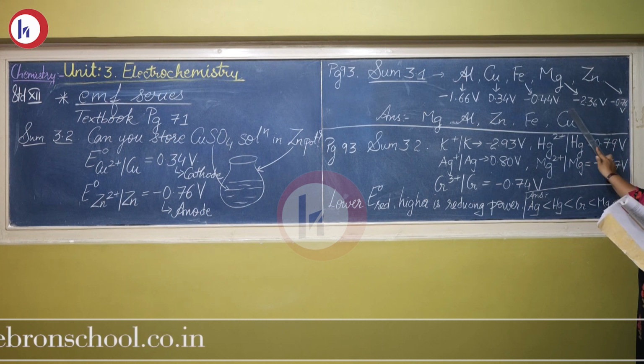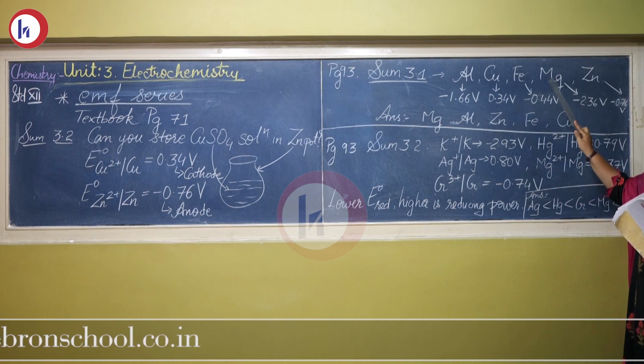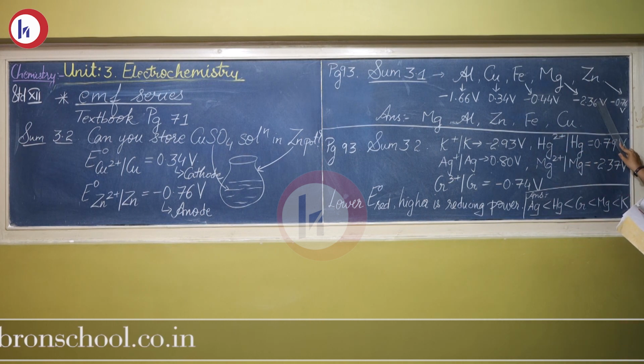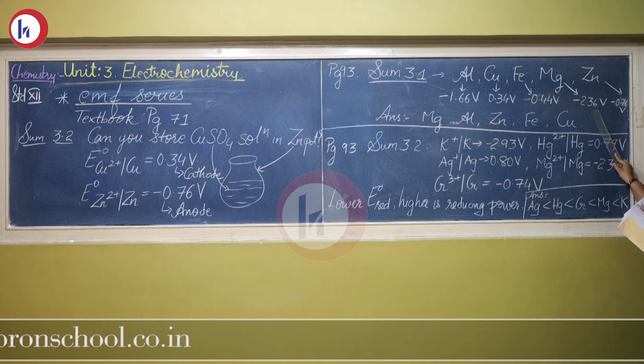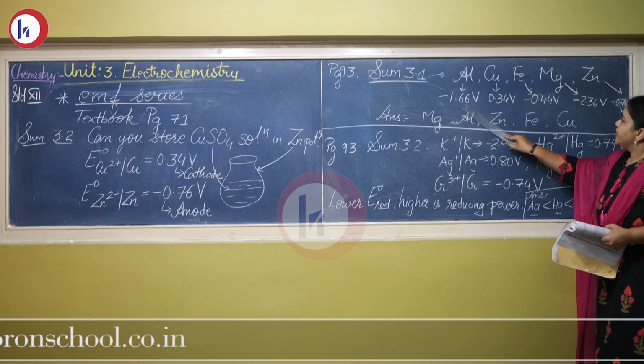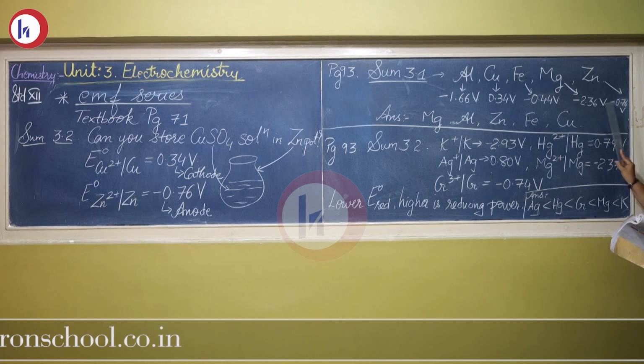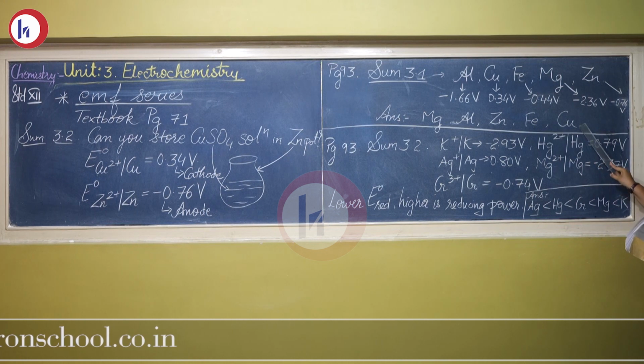So if you see the reduction potential values, the least is of magnesium, that is minus 2.36, then aluminium, then zinc, then iron, and the highest reduction potential value is of copper.